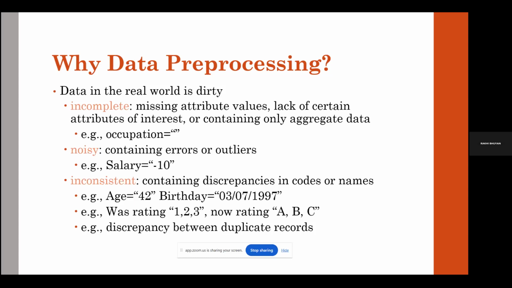Okay, and if a name is entered twice with two different spellings, that will be duplicate data. And if a sensor records a daily normal temperature, it.